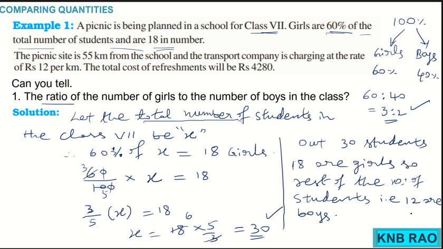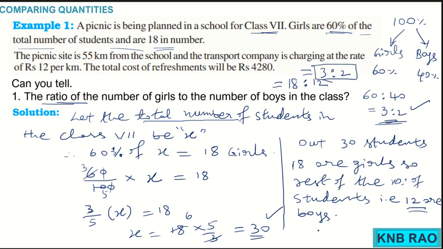So now I got the number of boys. Now the ratio of the number of girls to the number of boys is 18 is to 12. If you cancel, 6 3s are 18, 6 2s are 12, it gives 3 is to 2. So the same answer I got here also.